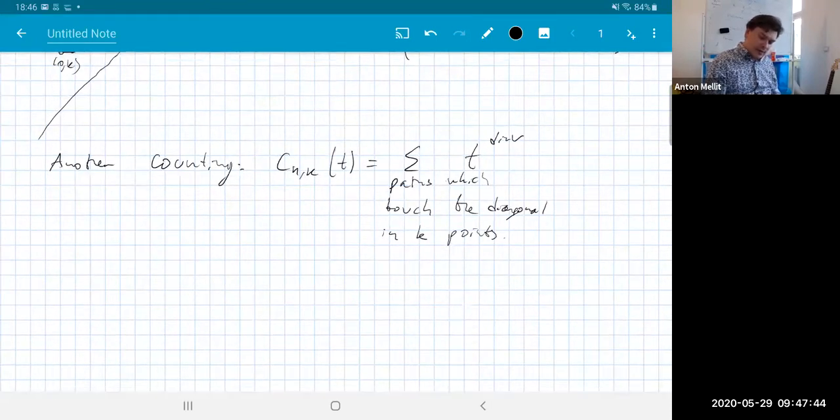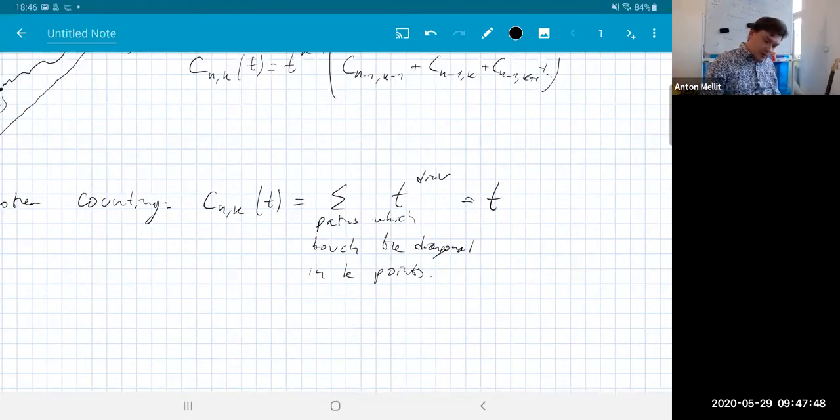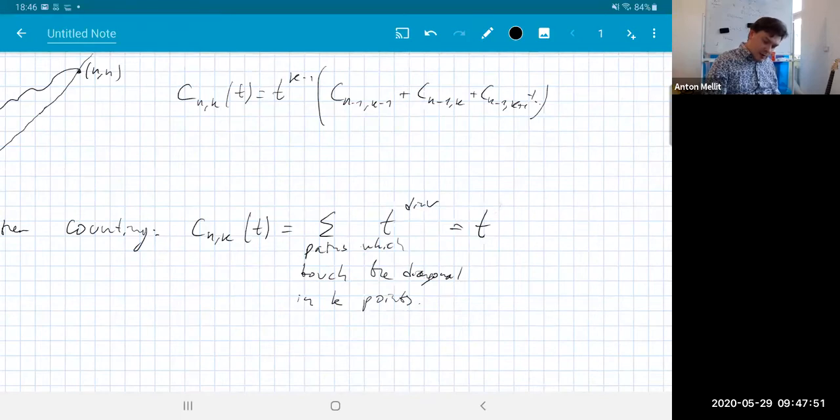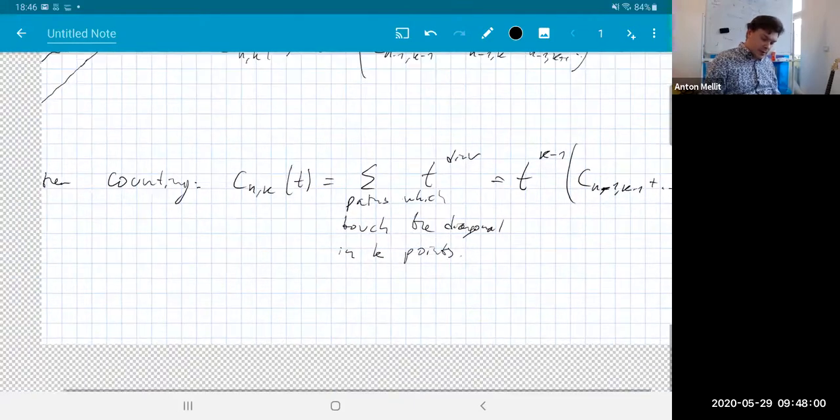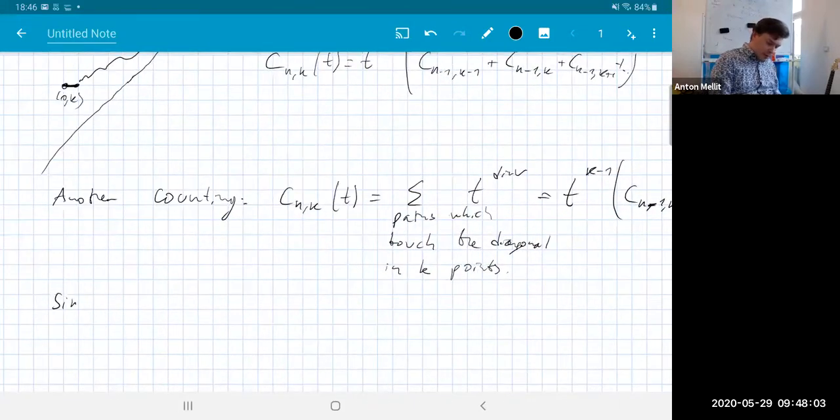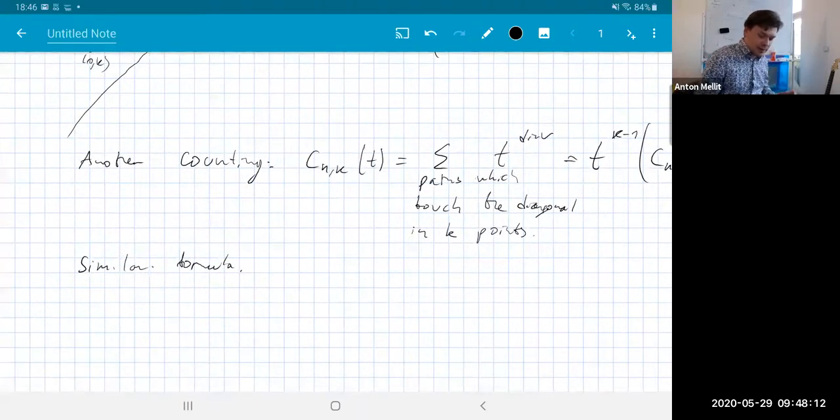I don't want to define it, but the point is that you get the same kind of counting, T to the K minus 1 times C n minus 1 K minus 1 and so on. So, similar formula. Okay, so you can write this kind of recursions, and then maybe it can lead you to the definition of Qt Catalan numbers.